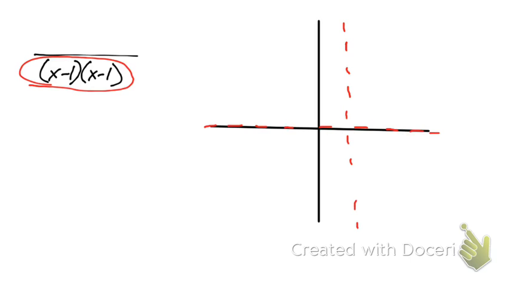Now normally we would know that if I have a point up here, it's going to look like that. If I have a point below, it's going to look like that. Well, the problem is we have two vertical asymptotes in the exact same place. So that can create a problem with our graph. What that tells you is you need to plot additional points.